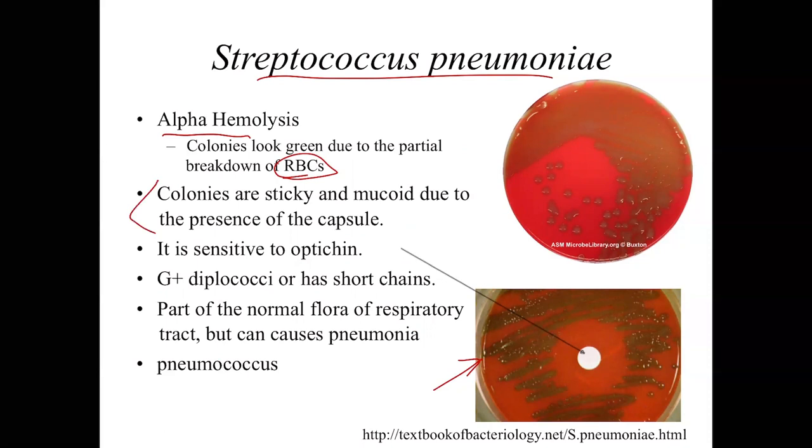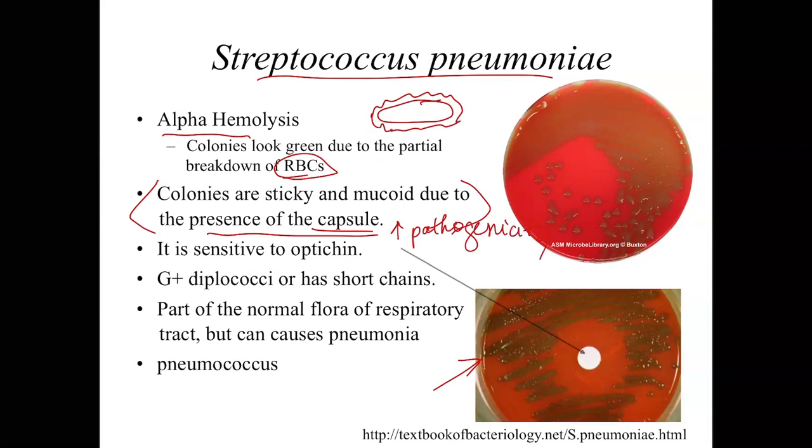If you look at the colonies, they're mucoid, they're very sticky, so they have a capsule around them. If you remember, here's the cell, and some cells have a capsule, a glycocalyx. It's sugars and proteins that are stuck to the outside surface of them, which makes them really sticky and increases the pathogenicity, right? Because it can stick to parts of your body.